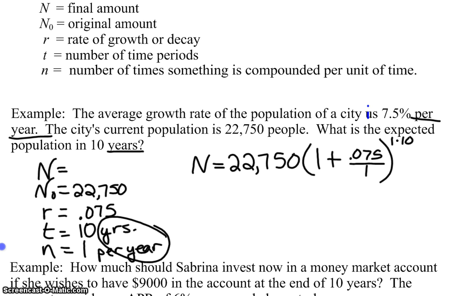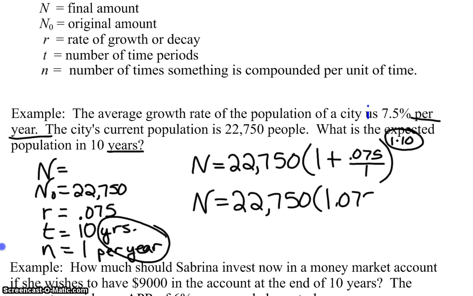Now, when you're doing these, be sure that you go ahead and multiply that out either in your head or your calculator before you start so that you don't make a mistake with your calculator. So basically our problem is N equals 22,750 times 1.075 raised to the 10th power. Go ahead and use your calculator and determine that answer.